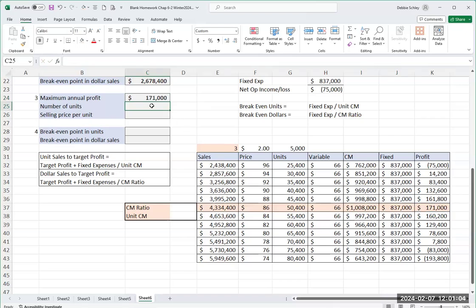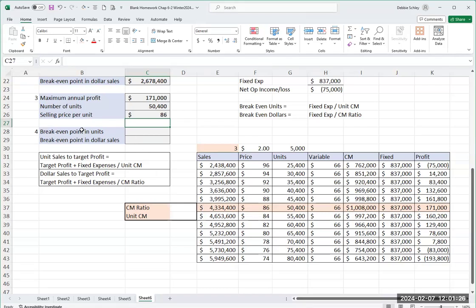And the number of units is on that same line under units. And then the selling price per unit is also on that same line, the 86. So that's why I highlighted that row so that I could easily see which numbers I needed out of that chart.